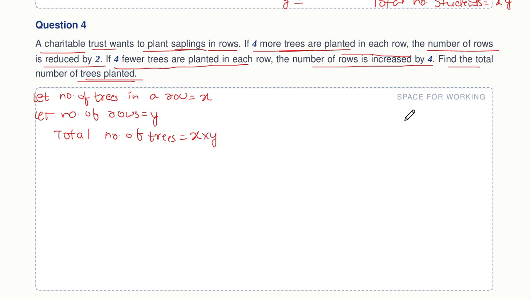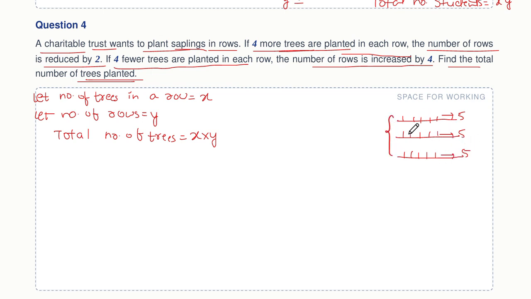Okay, for example, let's say in the first row you have planted 1, 2, 3, 4, 5. 5 trees in the first row. In the second row also 1, 2, 3, 4, 5. 5 trees in the second row. Similarly, in the third row you have planted 5 trees. So what is the total number of trees?